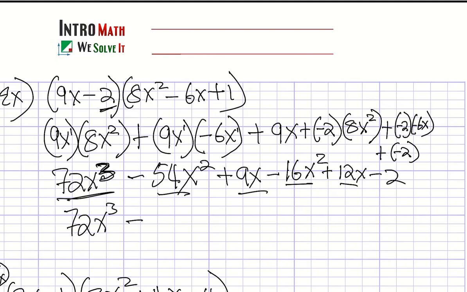Okay. What is that? It's a 50, 60. It's actually 70x. You see it, right? Yeah, 70x plus 21x. Alright, minus 2.